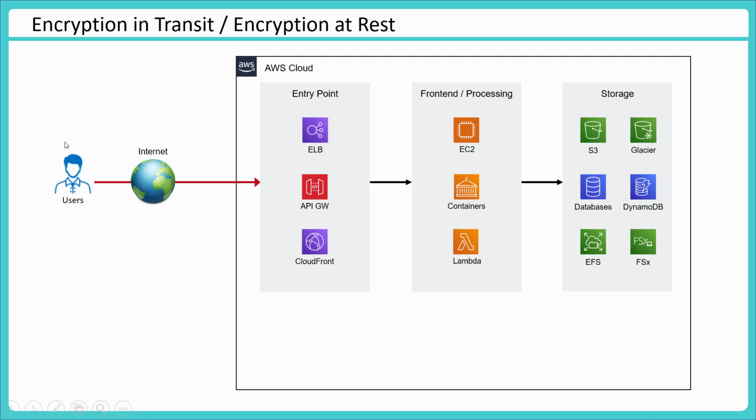Now, you expose your application so your users start communicating over the internet with your application. Whatever data my users are sending, I want it to be encrypted in transit while it travels from my user's request until it is received by my service. I want to ensure encryption, and that is where encryption in transit happens.